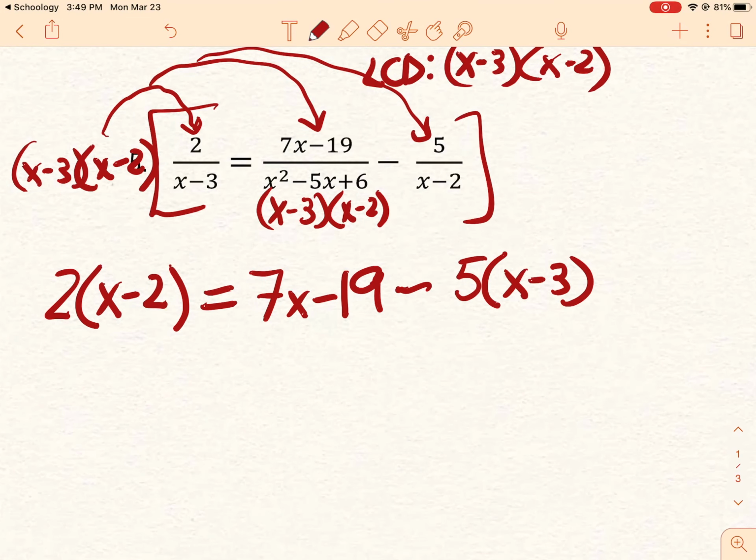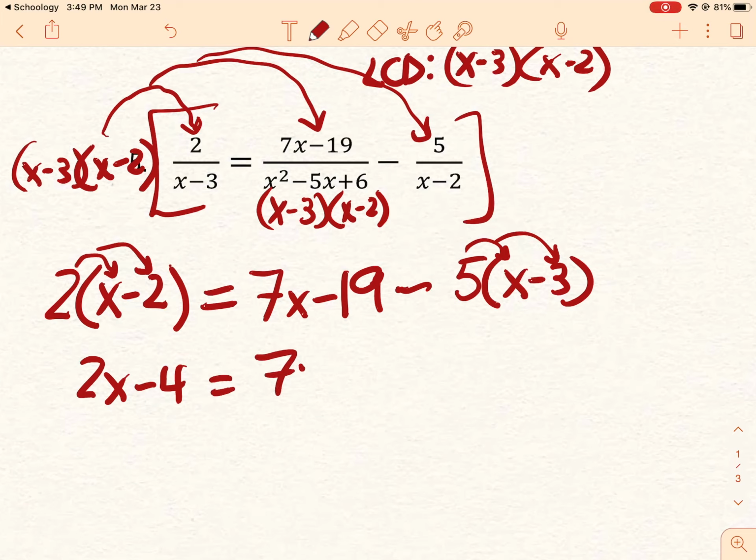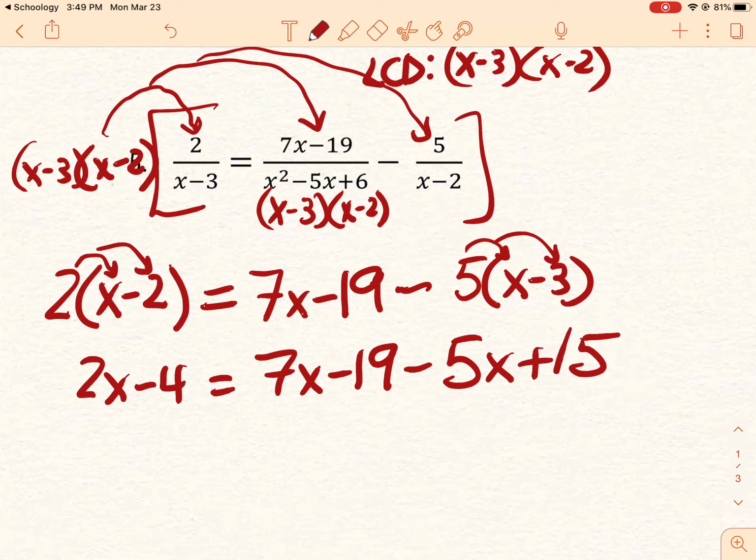So I'm pretty confident when you get to this step, you can solve from there. You would want to distribute each of these and then solve for x. So 2x minus 4, 7x minus 19, minus 5x plus 15.